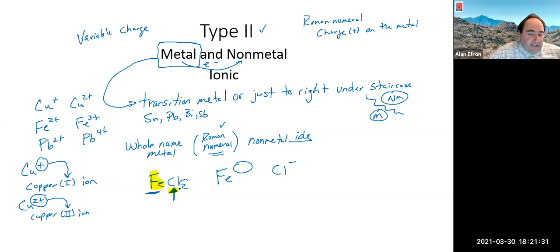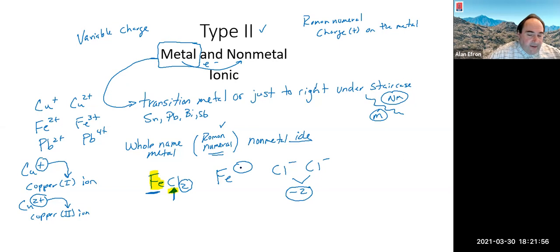Here, there's not just one of them, but there are two of them. So if we simply add those together, the overall negative charge here is -2. Remember, this is an ionic compound. It's a positive guy and a negative guy. So when we put them together, we still are shooting for no charge overall.